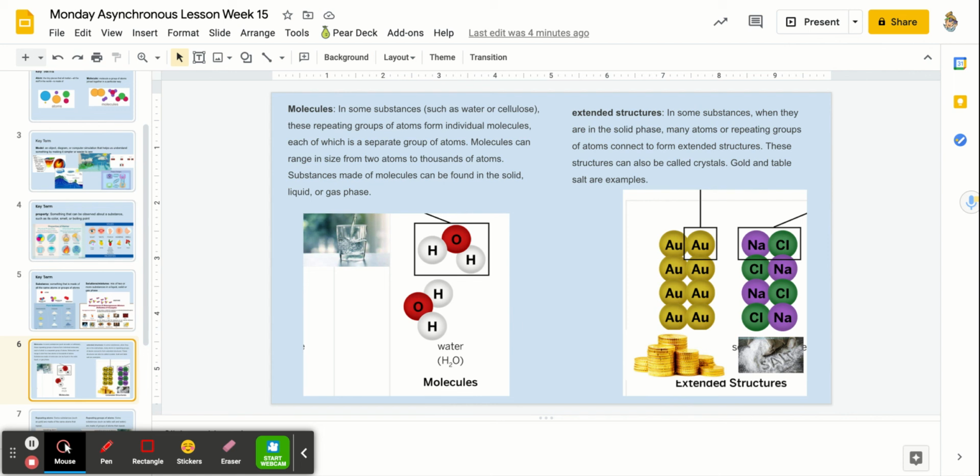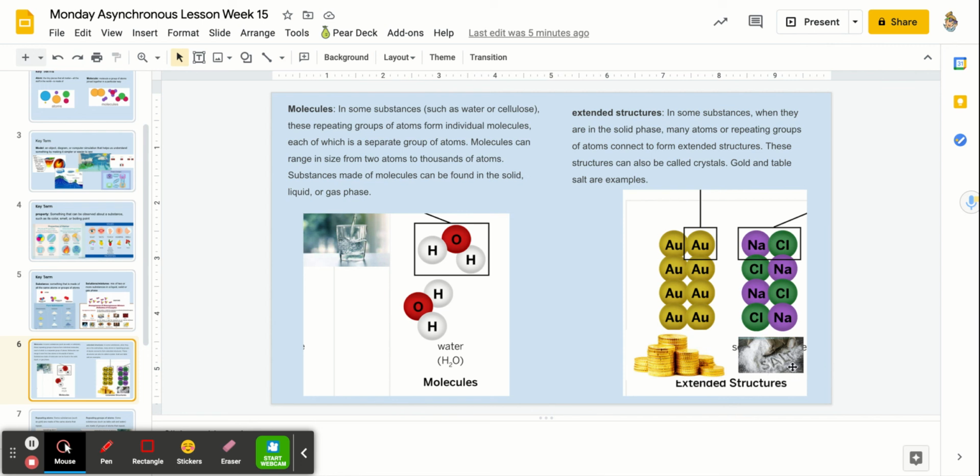And then you have something called extended structures. When they refer to extended structures, these again are just repeating atoms or groups of atoms. So we have these same repeating groups of atoms that create substances. We have one NaCl, and because it's repeating the same pattern, it creates salt.